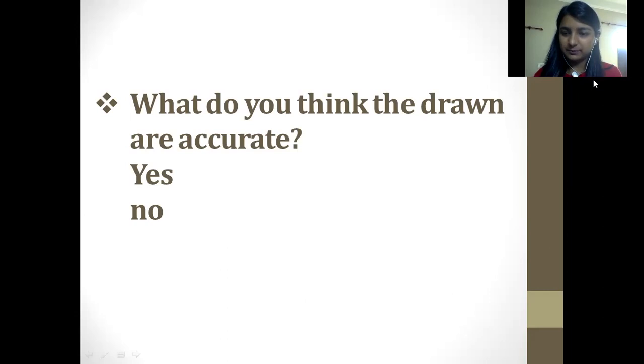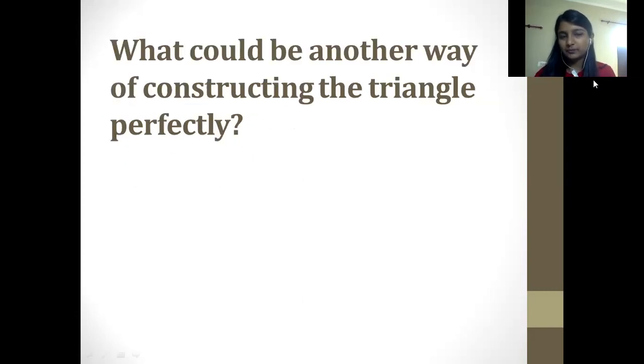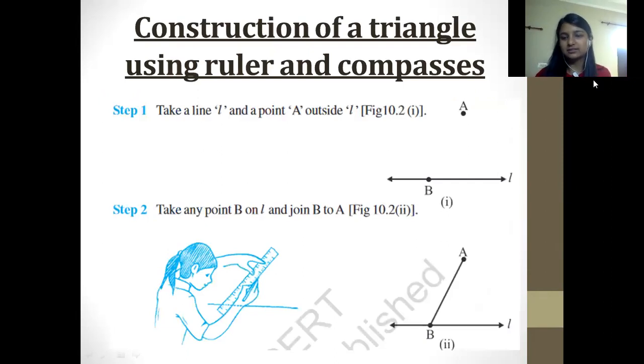Yes, they could be accurate, but don't you think with the help of a ruler and compass we would be performing it better? 100% accuracy would not be there, because it is just an assumption, we are folding it and drawing it. So what could be another way of constructing the triangle perfectly? Using compass and ruler. Okay, so this is how we would be constructing now. With the help of ruler and compass, we can construct the triangle.